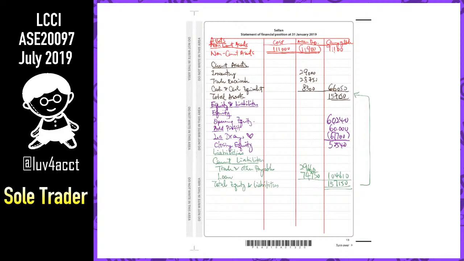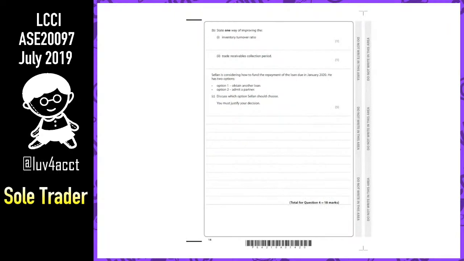Next we will state one way of improving the inventory turnover ratio.